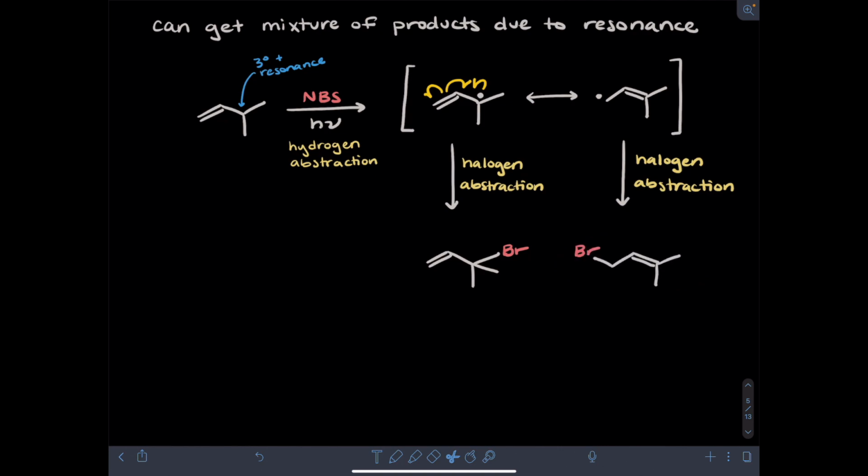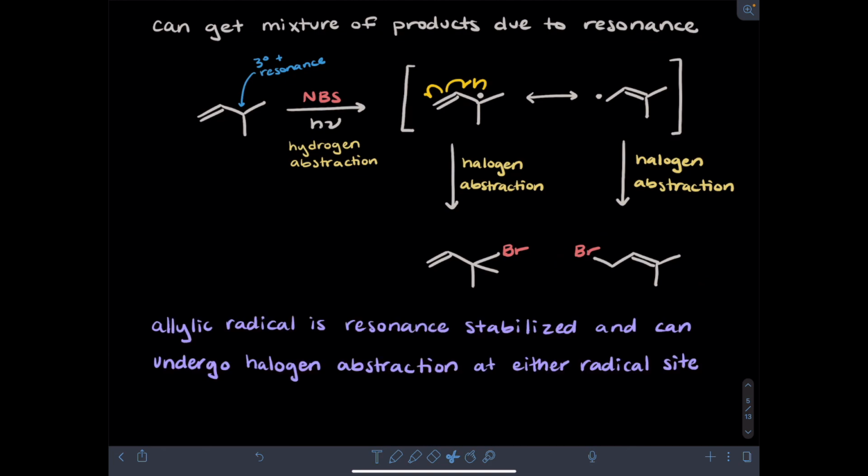This other resonance form would give a primary alkyl halide product instead. These two products are constitutional isomers of each other. When you're predicting products, you need to consider the fact that this allylic radical that you form is resonance stabilized, and you can add halogens at either radical site.